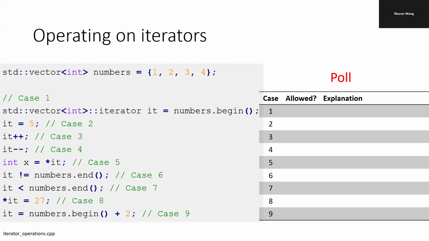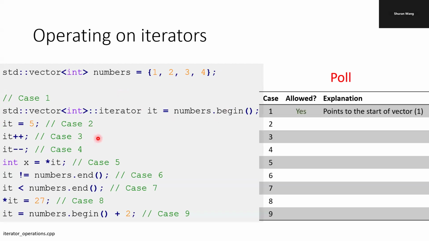How many of you would think this is not valid? Okay, this could be hard because this could be the first time you see something like this. So if you declare an iterator object and you assign numbers.begin to it, it's valid because numbers.begin is an iterator object.